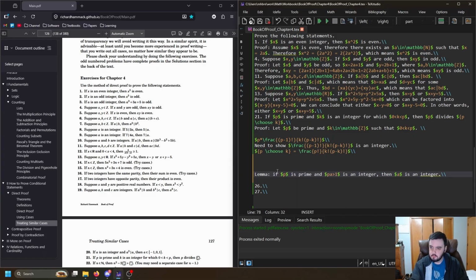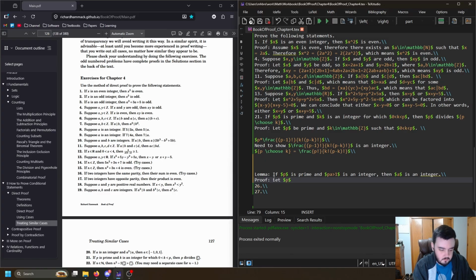P is prime, but I feel obligated to prove this because I'm not going to prove the other thing about the binomial coefficient equation. All right.